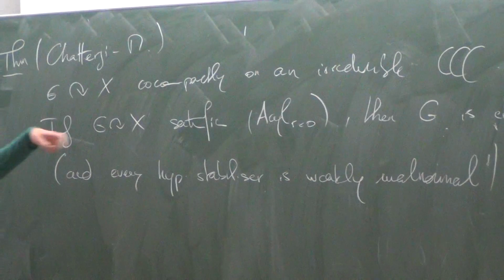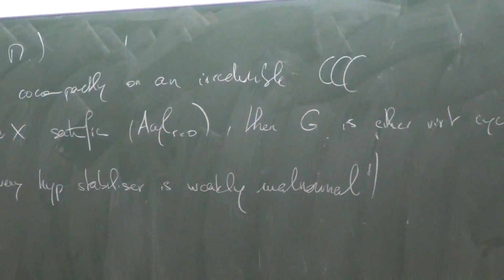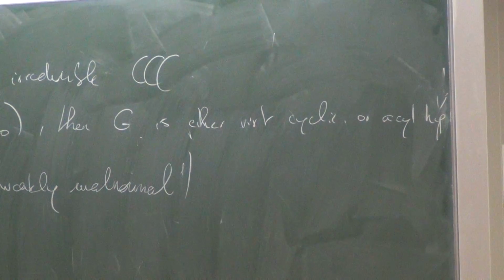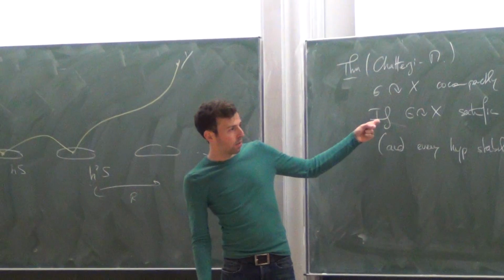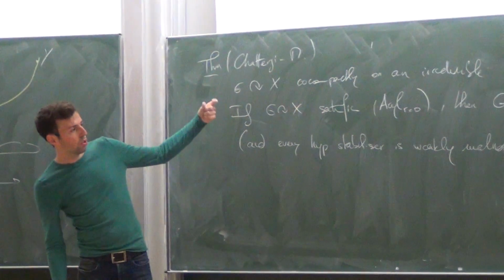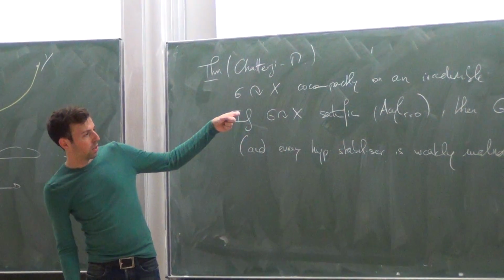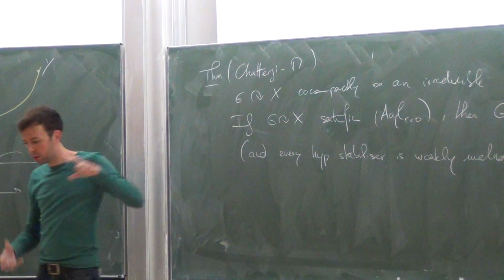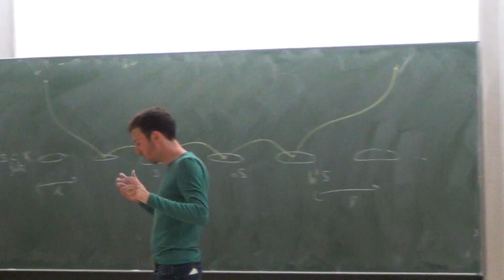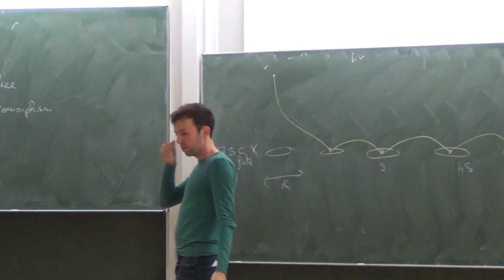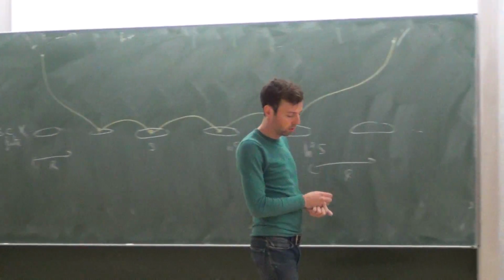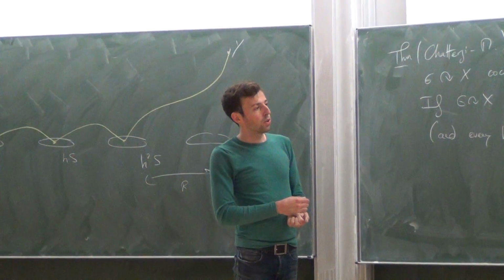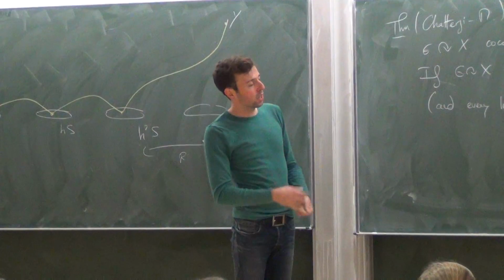So for instance, you can use this to recover a purely geometric proof of the acylindrical hyperbolicity of right-angled Artin groups. The original proof by Minasyan and Osin was basically something similar for actions on trees. If you have an amalgam, if the edge group is weakly malnormal, then with some extra conditions, your group is acylindrically hyperbolic.